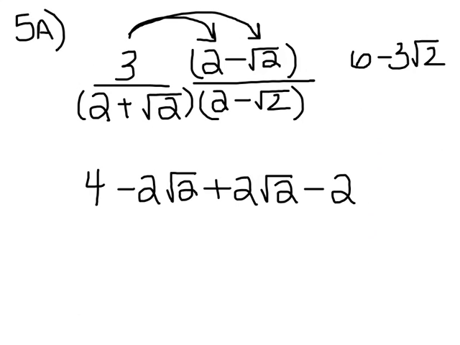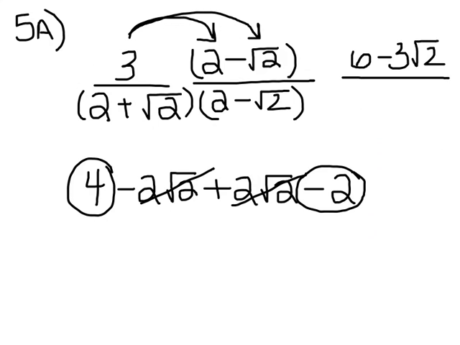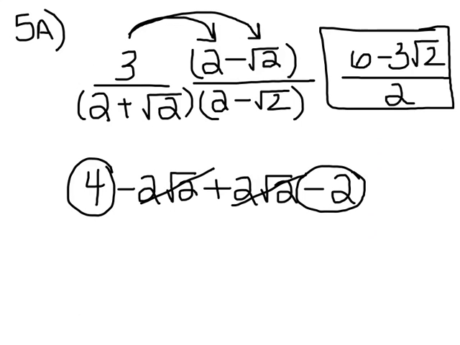So we have a negative 2 here and a positive 2 radical 2 here. These two terms cross off, a negative 2 radical 2 and a positive 2 radical 2. And we're left with 4 minus 2. 4 minus 2 is 2. So in our denominator, we have 2. And this will be our final answer.